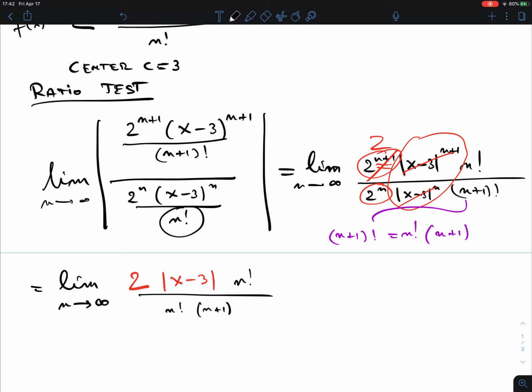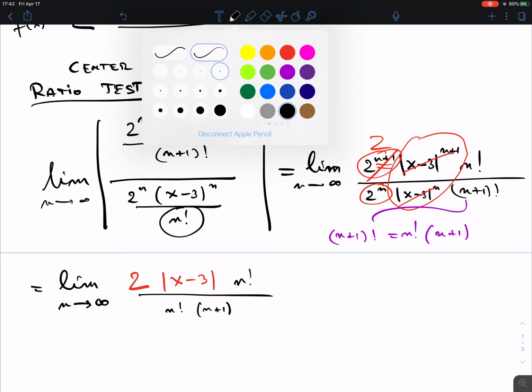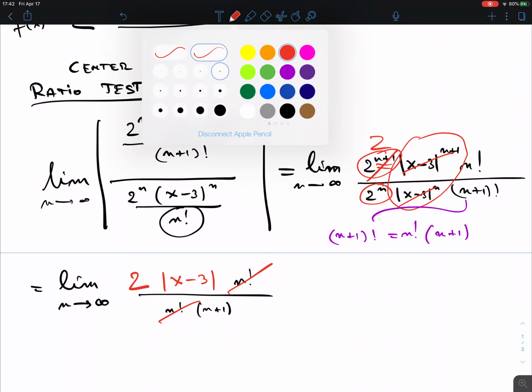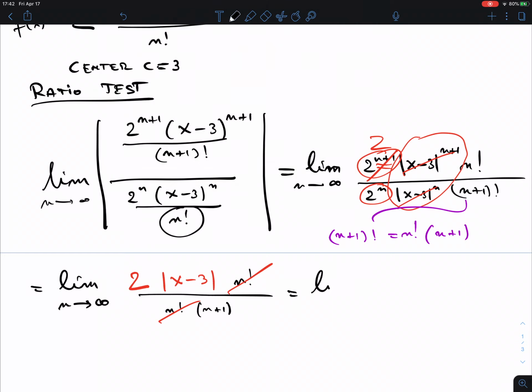So the n factorials cancel. And so we're left with the limit for n going to infinity of 2 times the absolute value of x minus 3, divided by n plus 1.